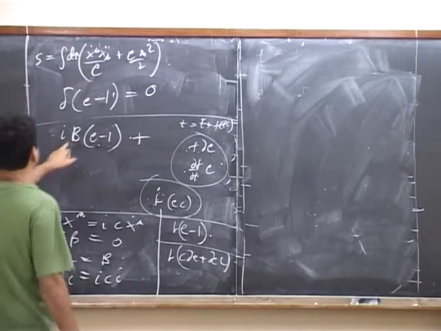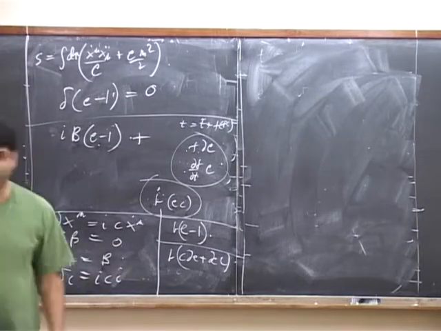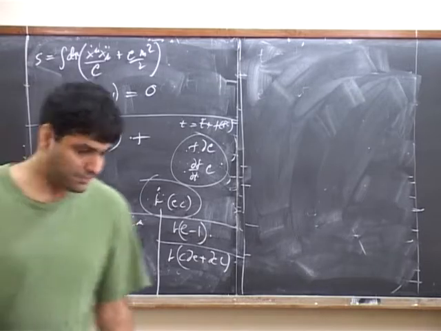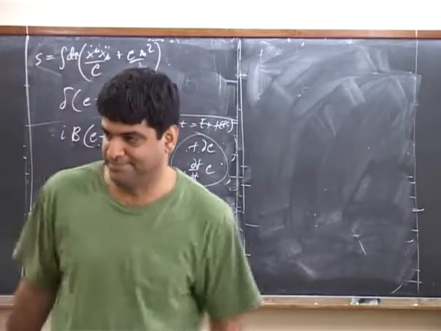Suppose we were to integrate out the Lagrange multiplier. This would do two things. It would get rid of the Lagrange multiplier field and it would set E to 1. We want to ask what happens to the BRST transformations under that process.